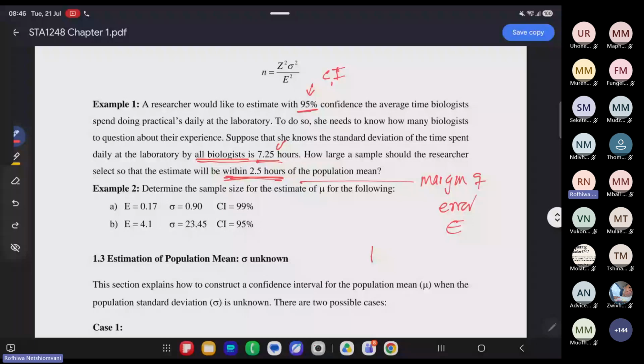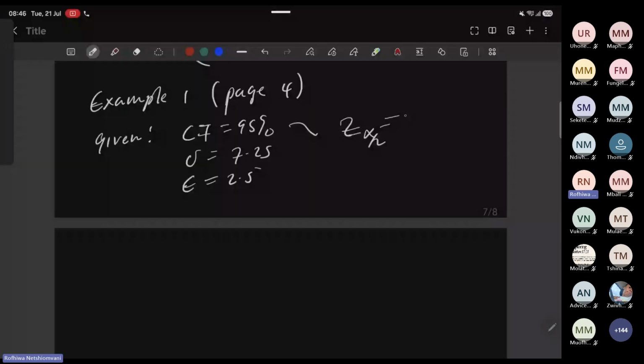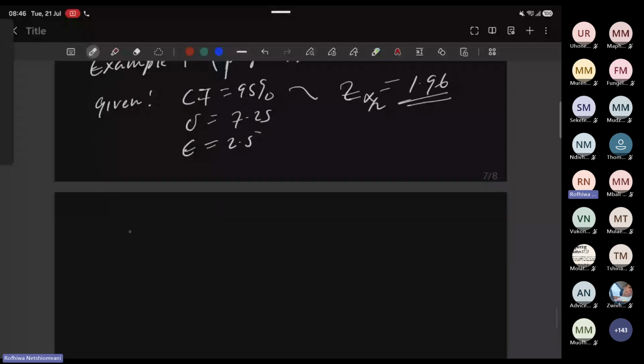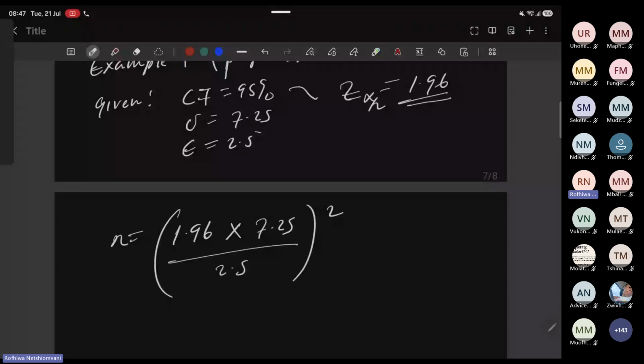I'm telling you that the answer for that will be 1.96. You go and verify why it's 1.96. So n is supposed to be 1.96 multiplied by 7.25 over 2.5, everything squared. And that will be the answer.